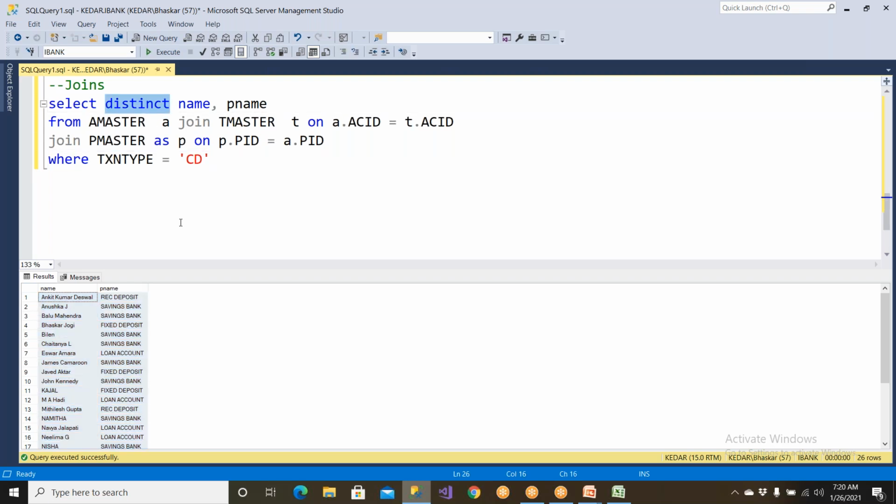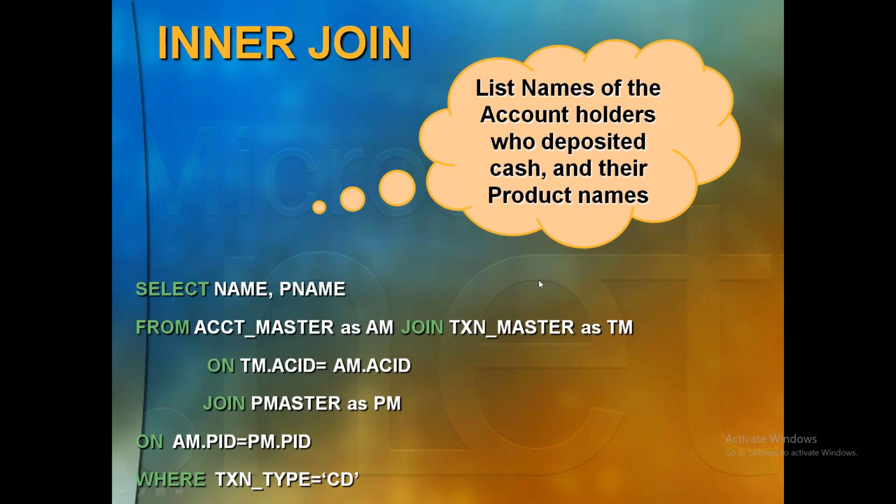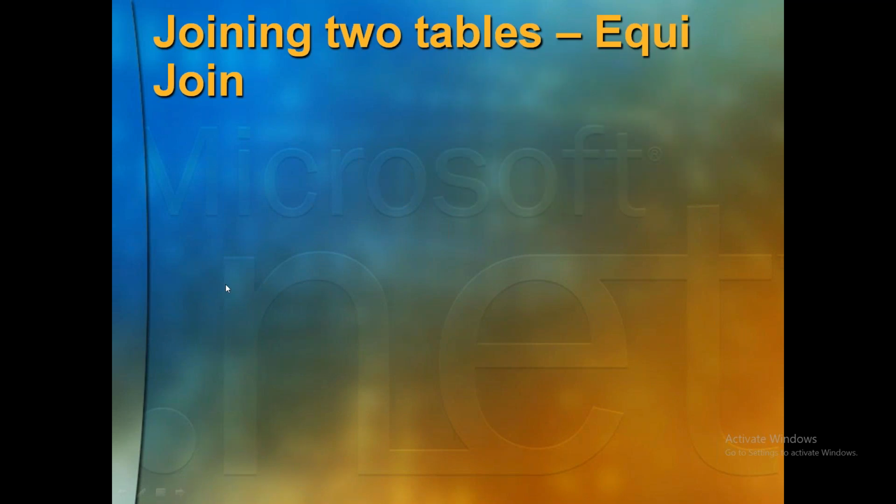If you don't check and submit the query, then your manager will kick you off. That means you are not testing the query results properly. Then he'll ask you, why are you showing duplicate data? I need simply names, but I never asked you to show duplicate data, right? So if the customer has done it multiple times, you need to use DISTINCT. Clear? So DISTINCT is very, very important in this case.